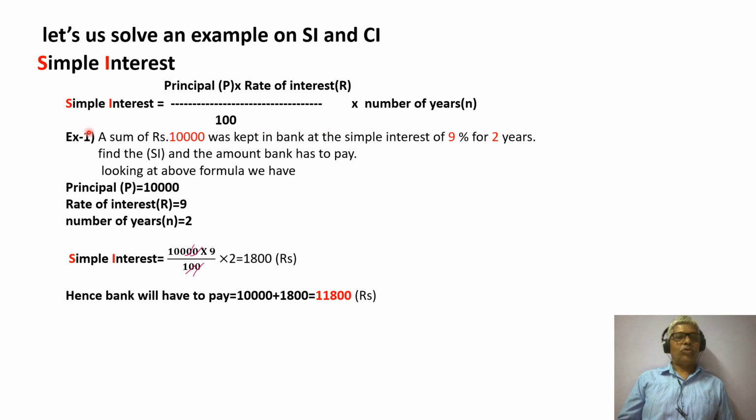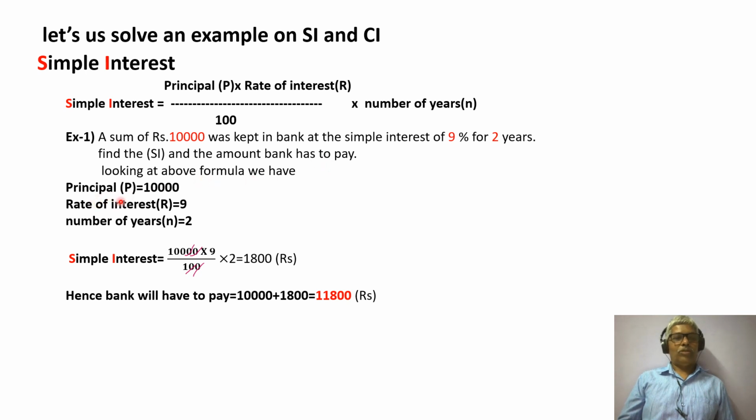So this is an example. A sum of rupees 10,000 was kept in the bank at simple interest of 9% for 2 years. Earlier we had solved it for 8% for 2 years, now it is 9% for 2 years. Amount is same, so it is a simple example. Find simple interest and amount bank has to pay.